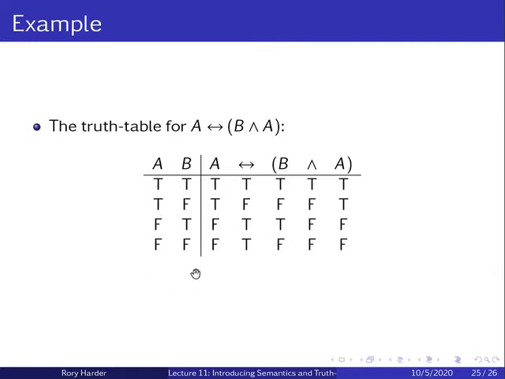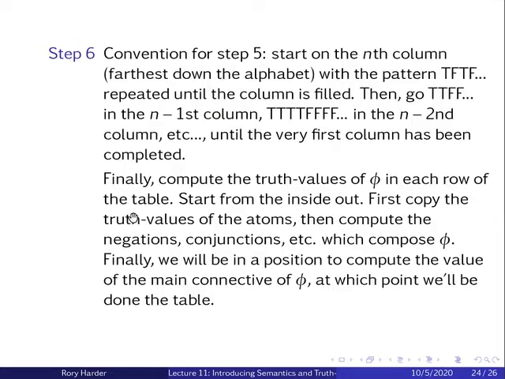By following that method, we have managed to write out all the possible combinations of truth values that A and B can have. So they can both be true, they can both be false, or one can be false and the other true in 2 different ways. Okay, so that brings us to the end of step 6.